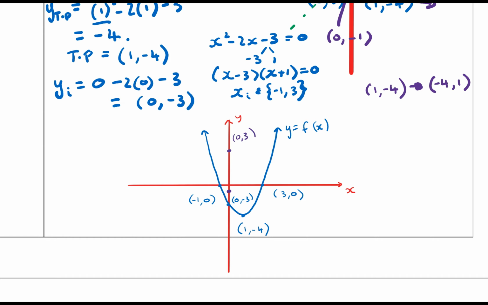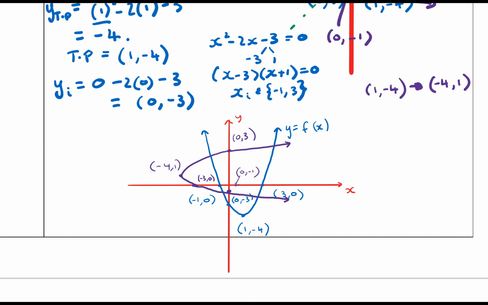So there's my (0, 3), and I might just put it in here, (0, -1). My (1, -4) needs to become (-4, 1). And that gives me a good general shape. My (0, -3) is going to be (-3, 0). So you can see that we get this kind of C-type shape.